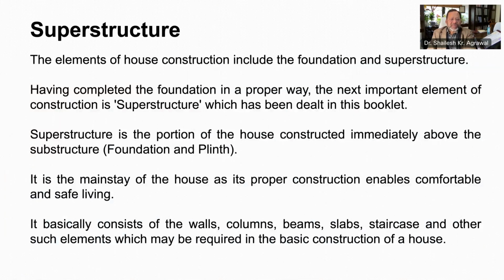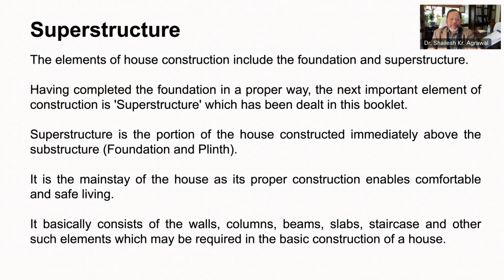The previous digest was on foundation. Having completed the foundation, the next important element of house construction is superstructure, which will be explained to you through these slides. Superstructure is the portion of house, as explained in earlier digest as well, constructed immediately above the substructure, that is foundation and plinth.